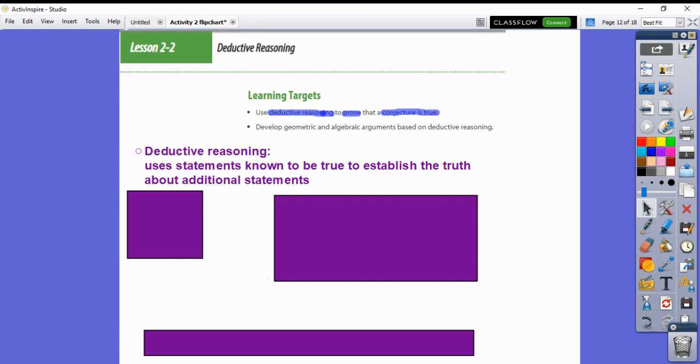And these shows, or detective work in general, are really good examples of deductive reasoning. So the investigators use statements that they know to be true. Those statements might be, this suspect is known to be in this location at the time of the crime.